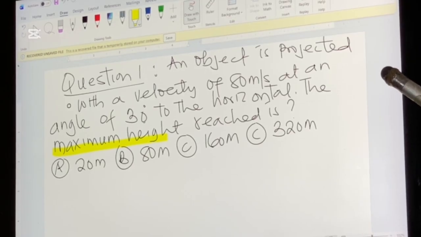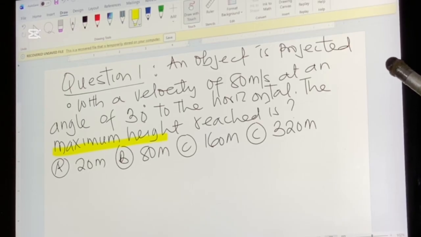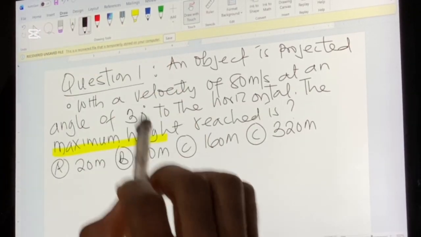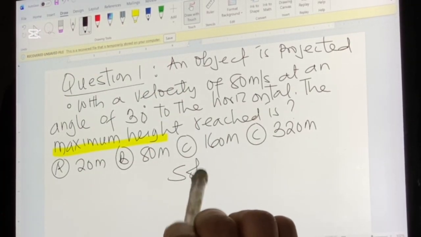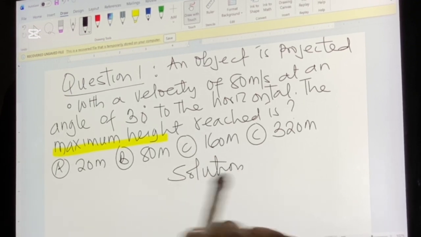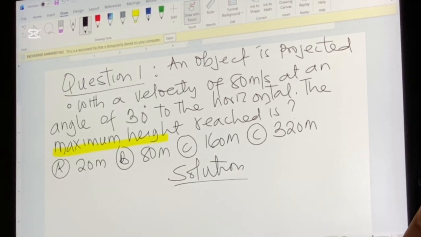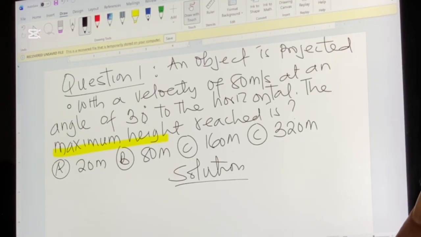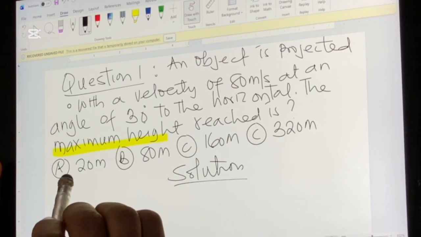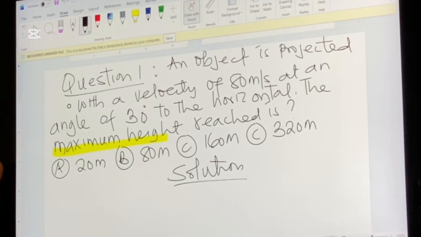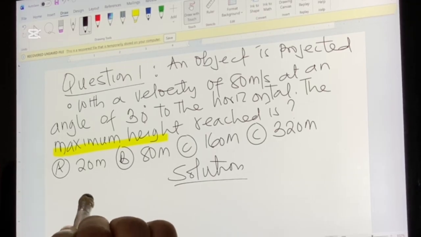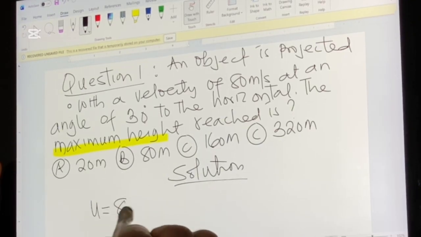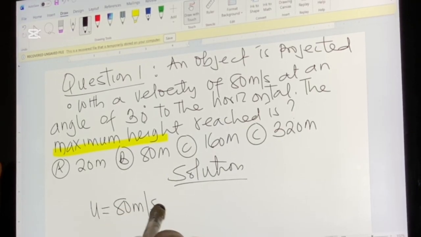Okay, so the first thing you have to do is to list out the given parameters. So we have this to the solution. Let's list out the given parameters. From this question, the velocity is given to us, that is u is 80 meters per second.